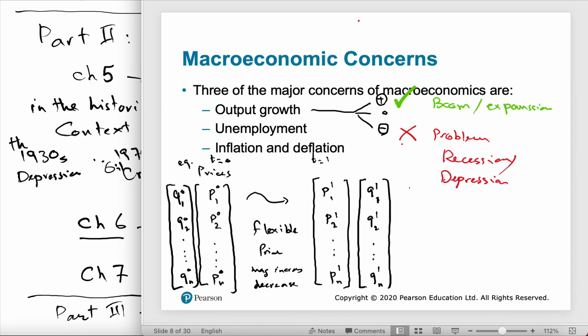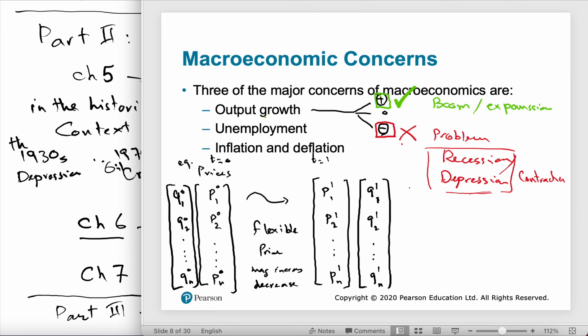As opposed to that, recession is also called contraction. So contraction is bad, and expansion is basically good.